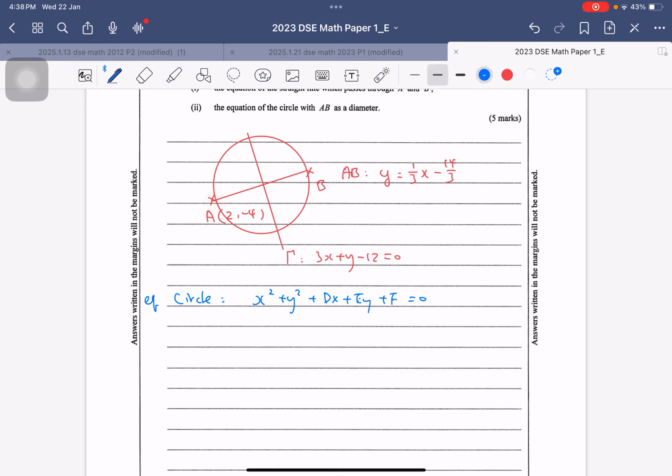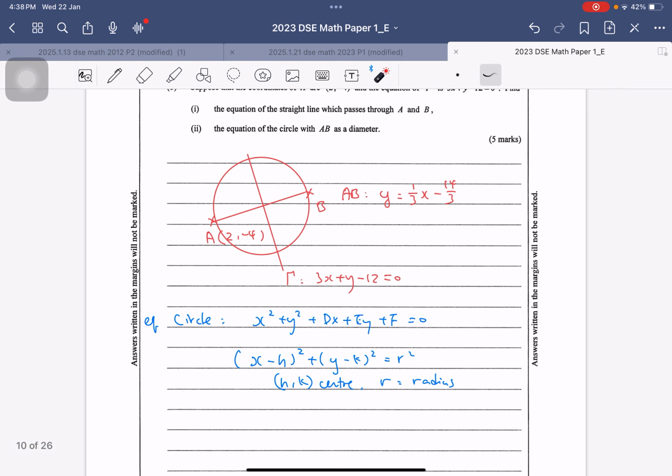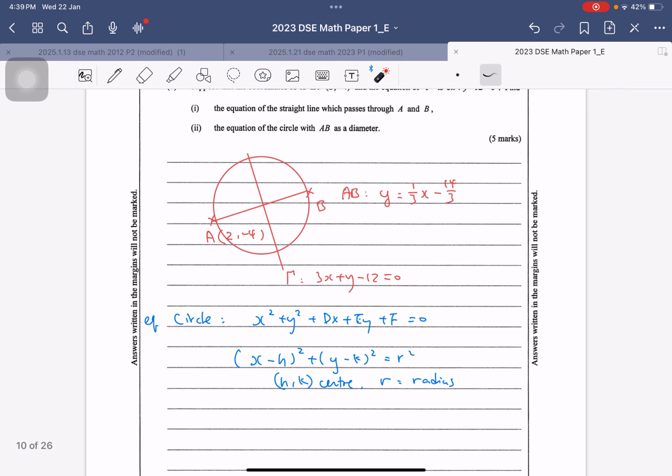The second form is the center-radius form, which is (x - h)² + (y - k)² = r², where (h, k) is the center and r is the radius. Do we have the center? The center hasn't been found yet, but we have the equation of AB together with the equation of the perpendicular bisector.